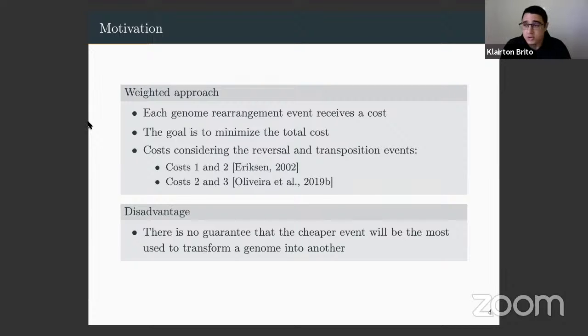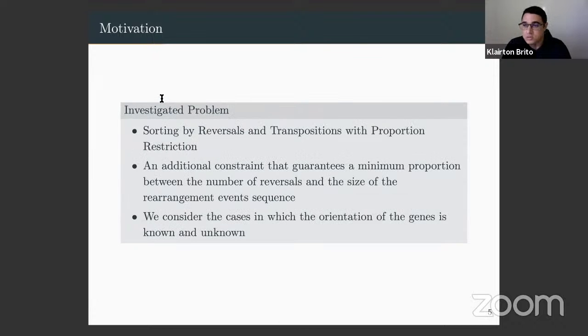And the reversal event cost tends to be cheaper in comparison with the transposition costs. But even using the weighted approach, we cannot guarantee that the cheaper event will be the most used to transform a genome into another. And for this reason, in this work, we are investigating the sorting by reversals and transposition with proportional restriction problem.